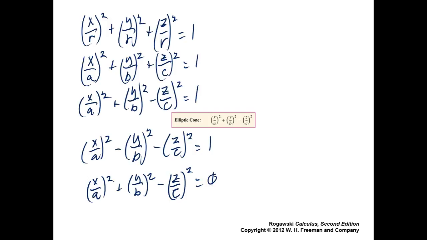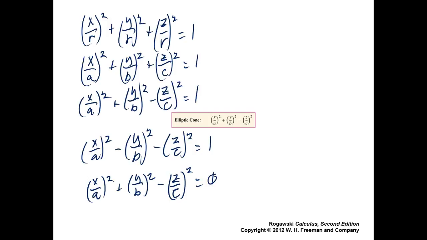So one sheet would be this thing plus 1. Two sheets would be this thing minus 1. Well, with 0 in between, that's exactly in between a 1 sheet and a 2 sheet where it comes to a point there. So that's where it's equal to 0, not plus or minus 1. So that's the other way to think of it.